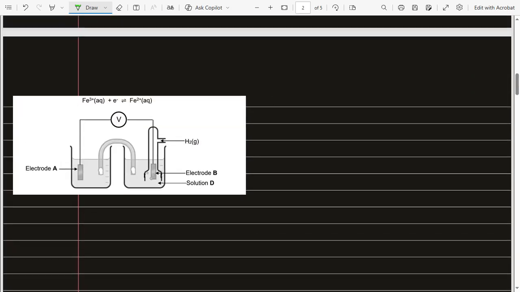We are given Fe3+ in aqueous solution, plus e-, giving Fe2+ in aqueous solution.